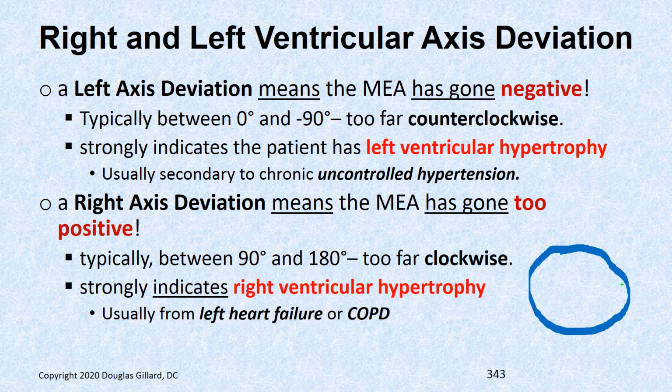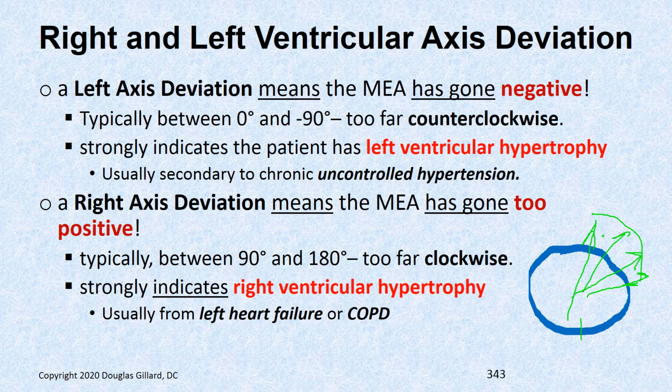So here's normal, between here and here. Here's that wheel, the mean electrical axis wheel, we'll call it. The axis has to be going this way, counterclockwise. It could be up here, could be here. Technically, it could be here. If it's past 0 degrees, if it's gotten into negative, it is a left axis deviation.